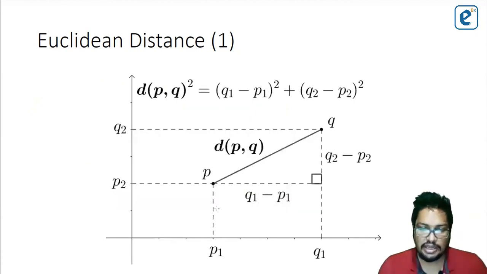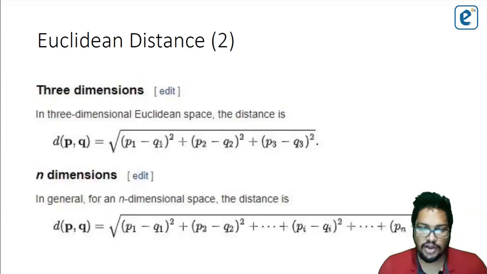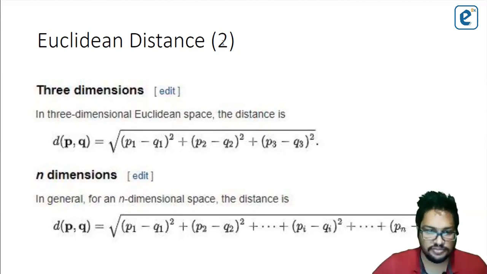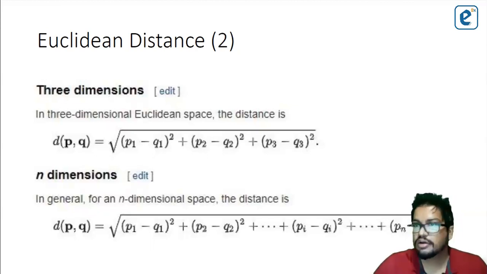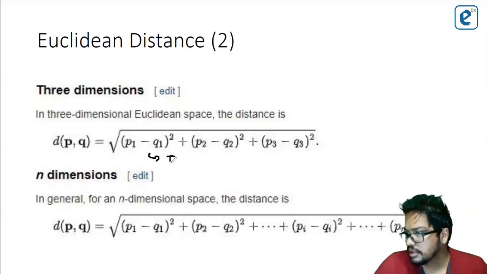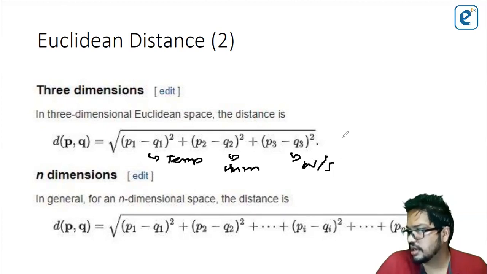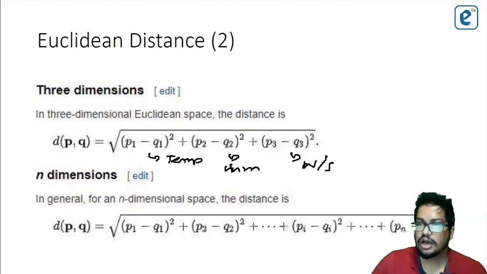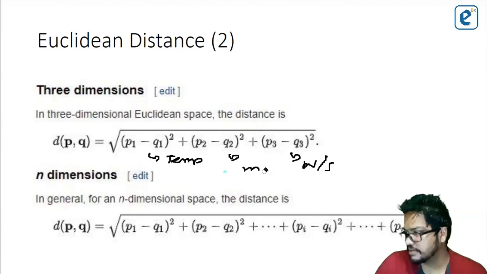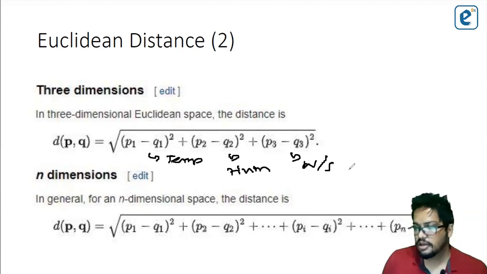We take the temperature difference, the humidity difference, and the wind speed difference. Likewise, we can add more features for the k nearest neighbor.